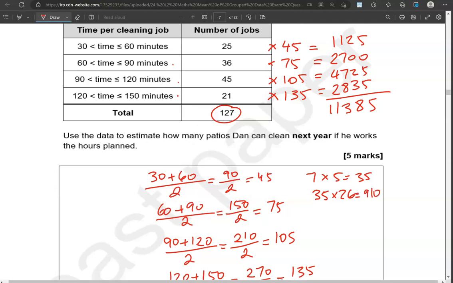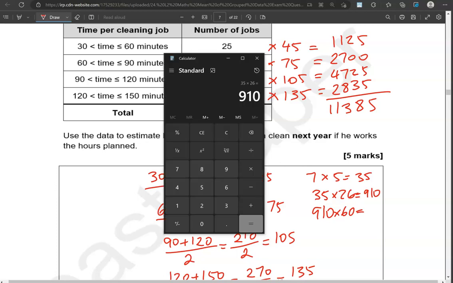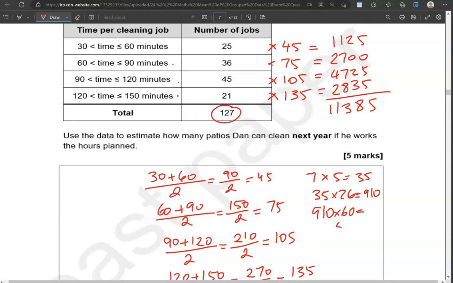910 hours a year. So 910, now, if I multiply this by 60, because that's 60 minutes in 1 hour, it's going to give me the total number of minutes that he's going to work next year, which is 54,600.